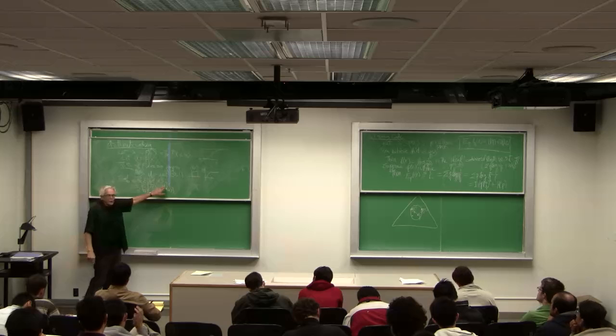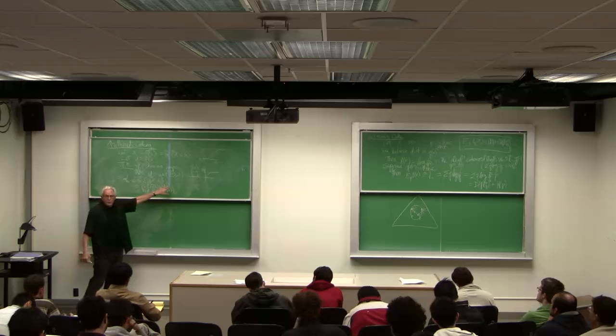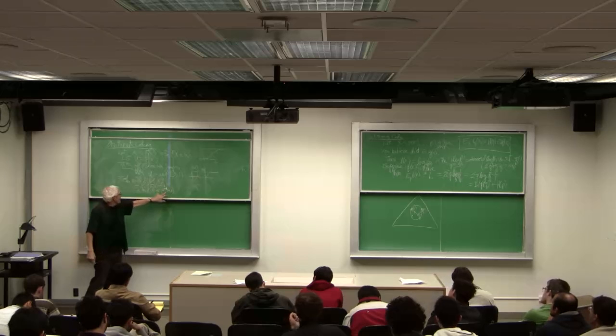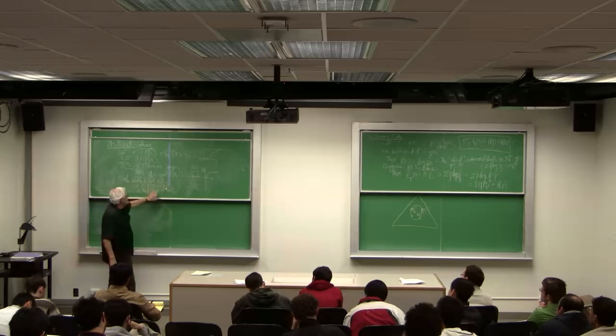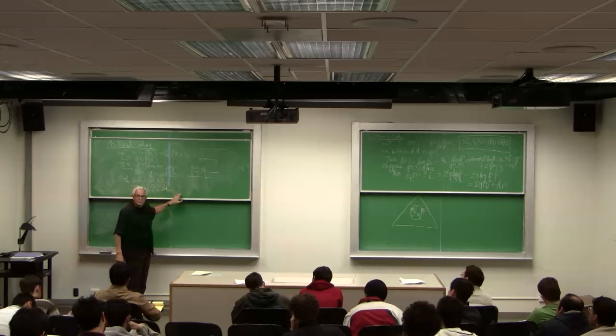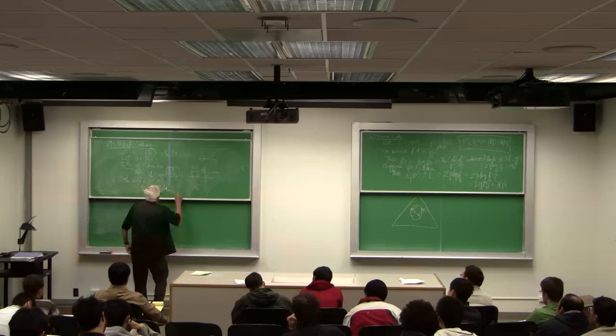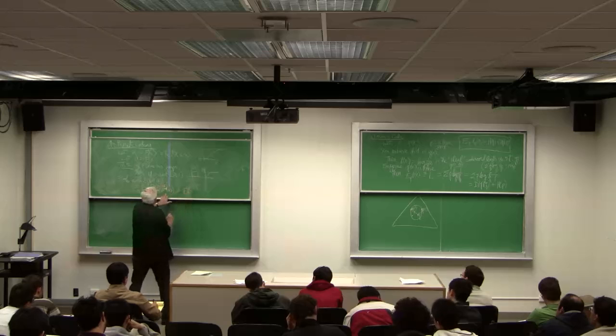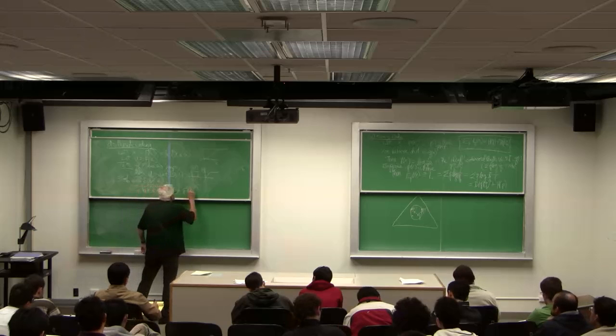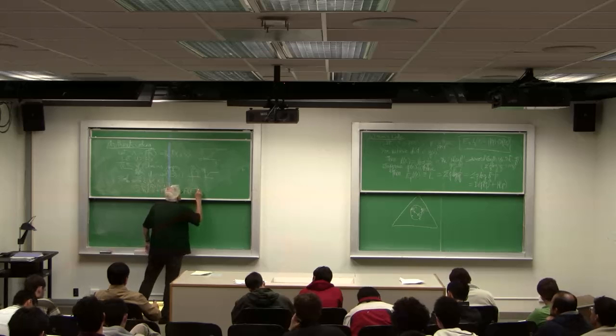Now, little u is just a number. F inverse of u is just a number. So the probability that the random variable X is less than this number is F of that number. So that's F of the thing on the right-hand side, which is F inverse of u.